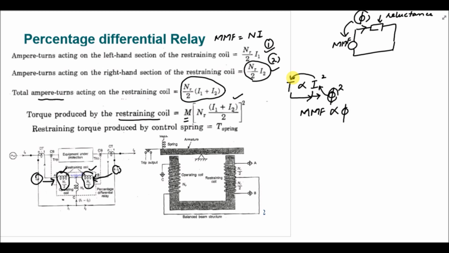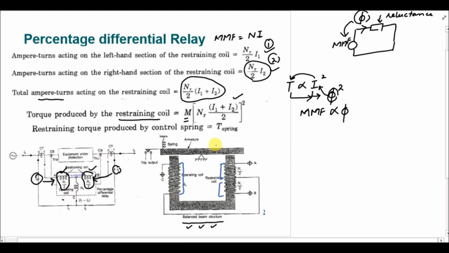Now let's explain the differential relay operation with the restraining coil by using the balanced beam structure. So we have two parts of the coil. This one is one part of the restraining coil, this is the second part of the restraining coil, and this is your operating coil.